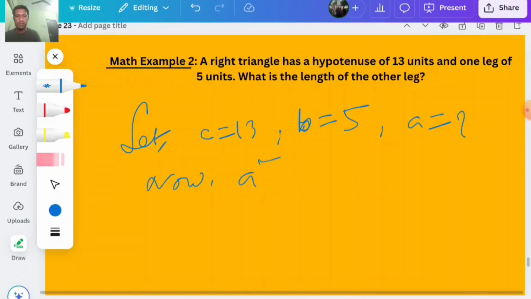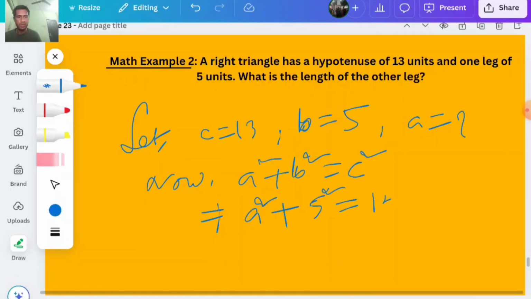A square plus B square equals C square. We have to find out the value of A. So A square plus 5 square equals 13 square.